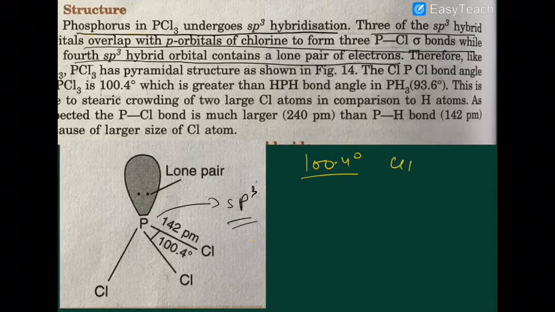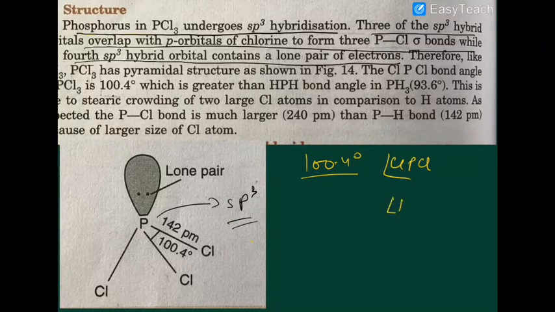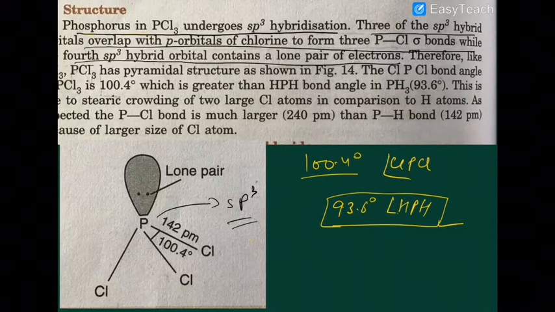This is the phosphorus chlorine bond. Compare it with the hydrogen phosphorus bond angle, which is 93.6. I have already given this topic in a separate video, called hybridization and Drago's rule.